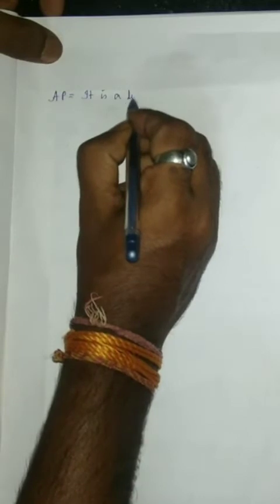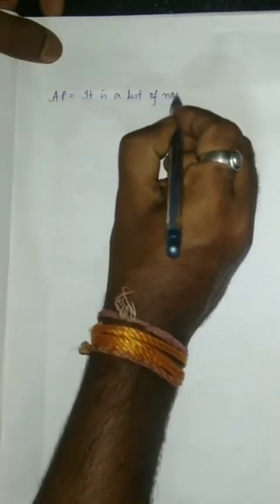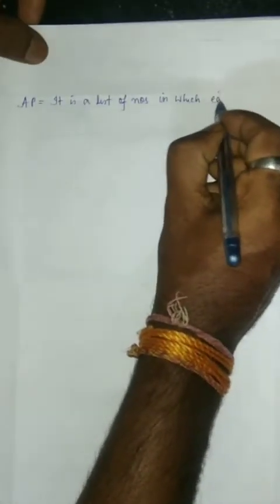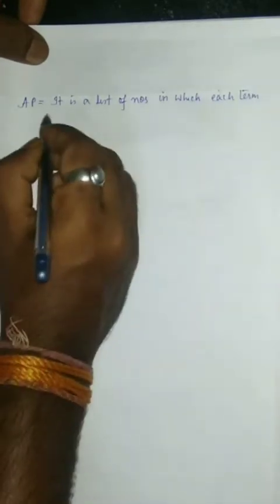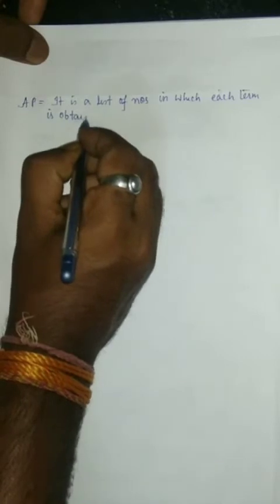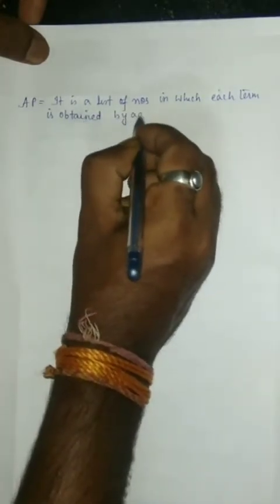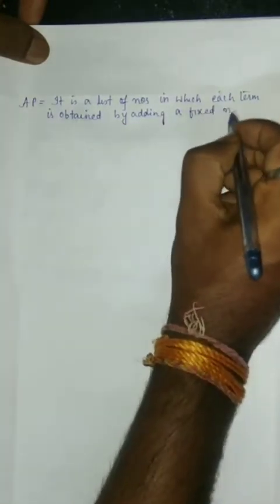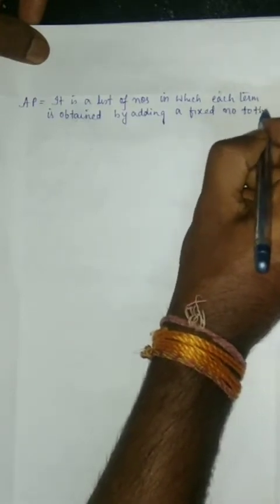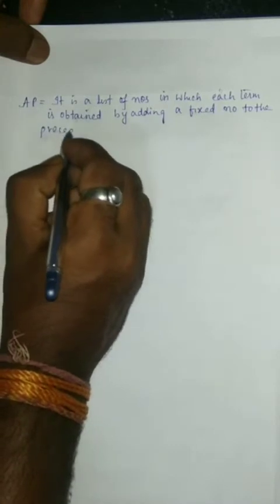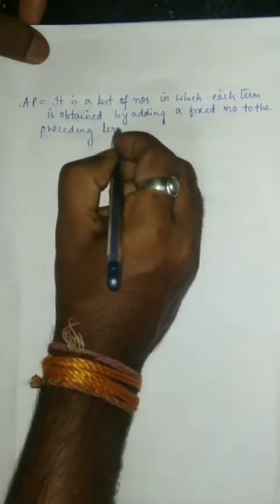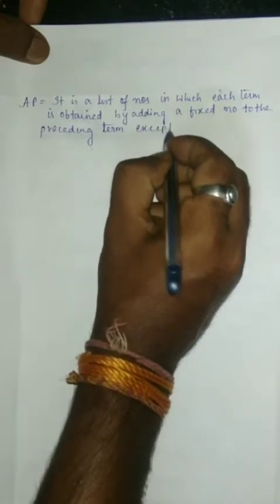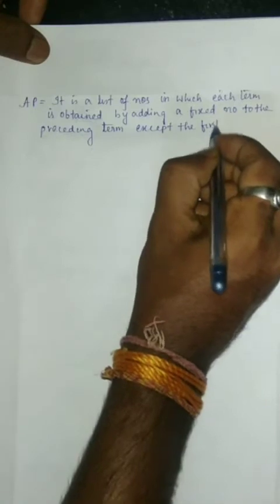An AP is a list of numbers in which each term is obtained by adding a fixed number to the preceding term, except the first term.